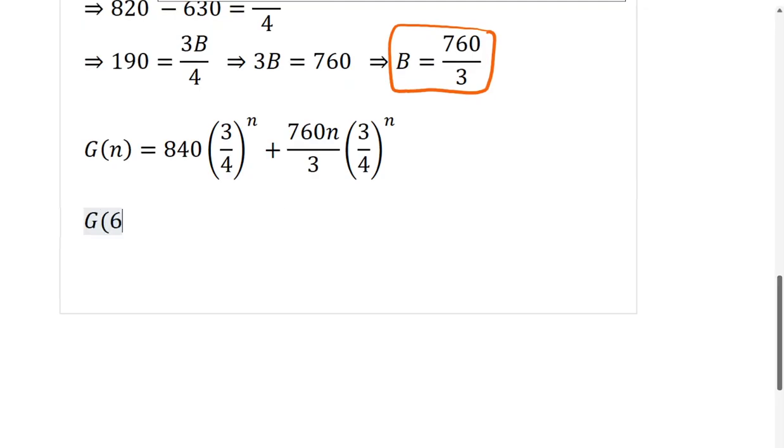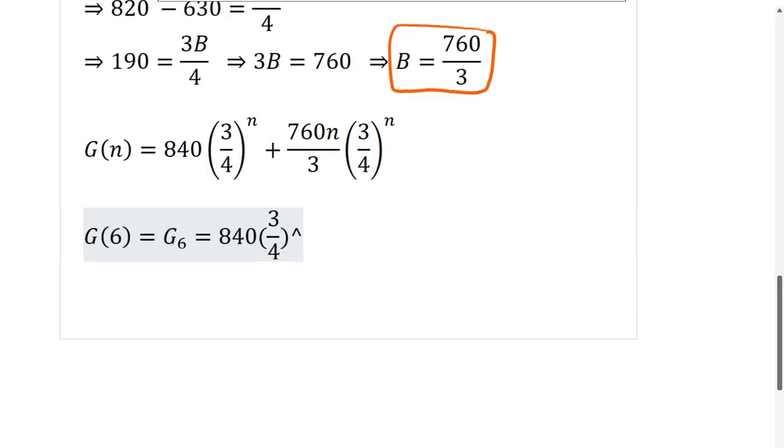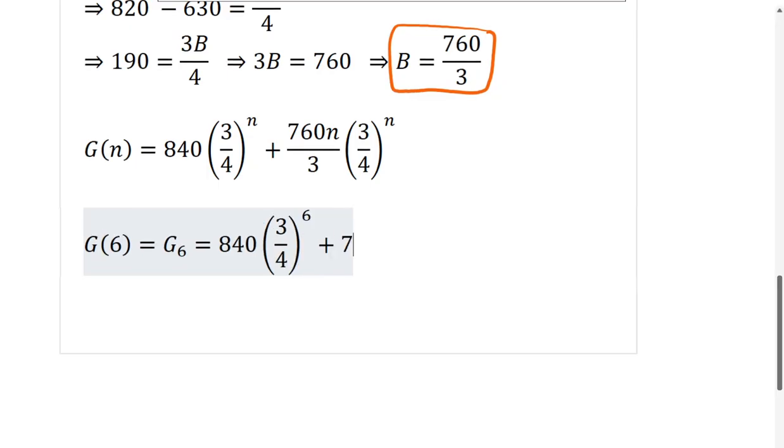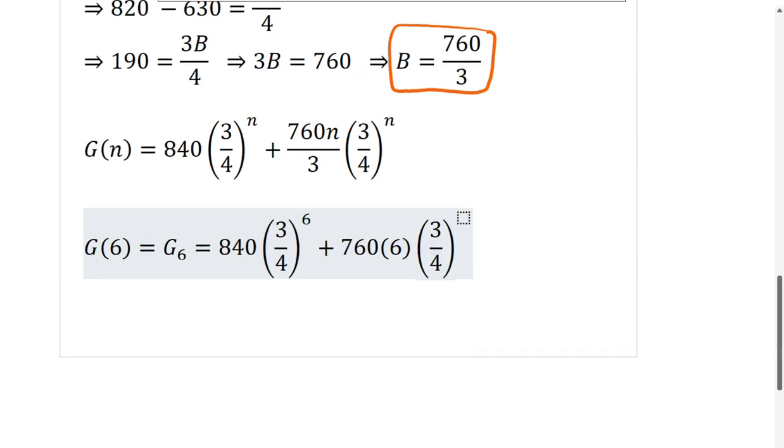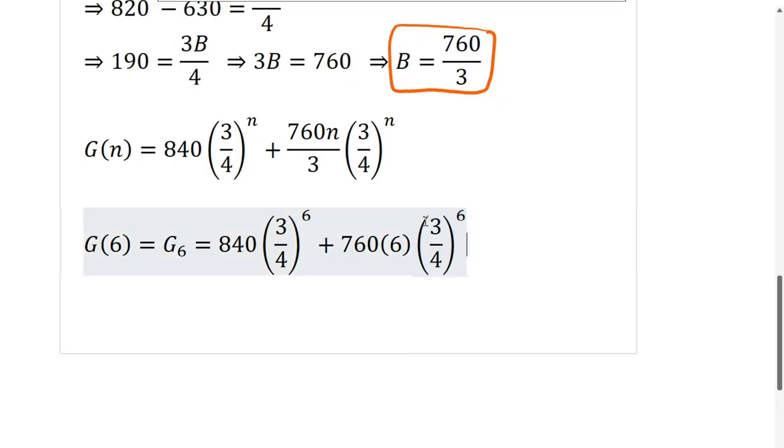So G6 is 840 by 3/4 to the power 6 plus 760 by 6 by 3/4 to the power of 6.